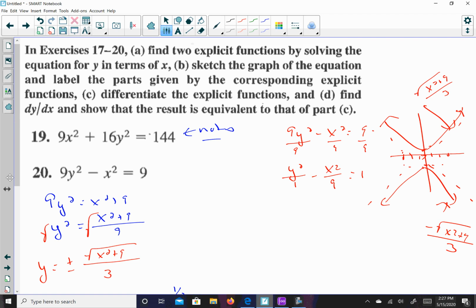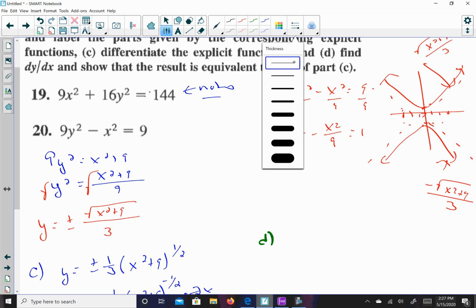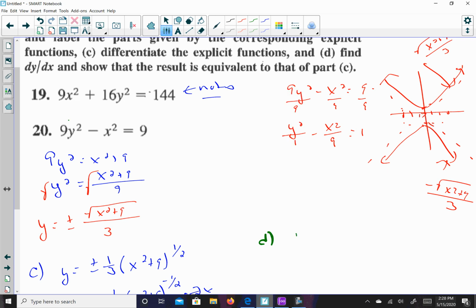Now, part D says find dy dx and show the results. So for part D, I guess I'll do that here, I am going to find the derivative up here. So I'm going to say 18y dy dx minus 2x, and then the derivative of 9 is 0.